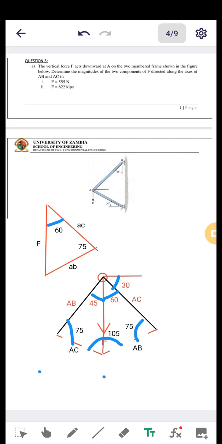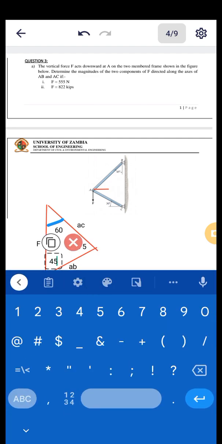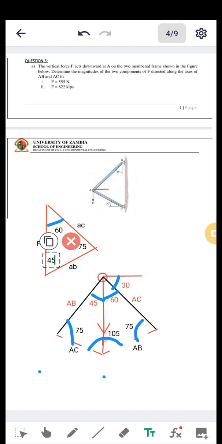So to find the other angle, just simply say 60 plus 75, which gives 135. Then we say 180 minus 135, so it's giving 45. So the angle there is 45.